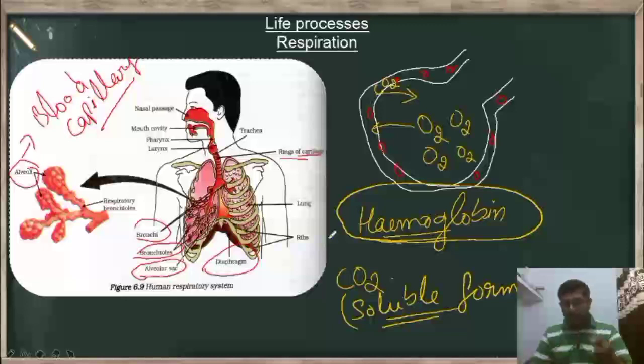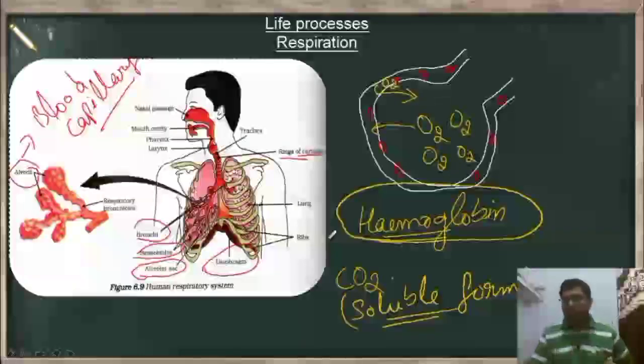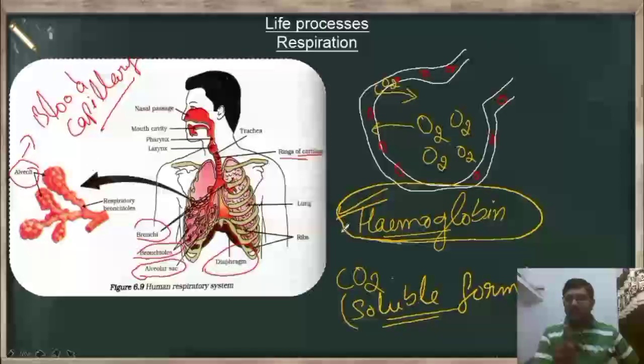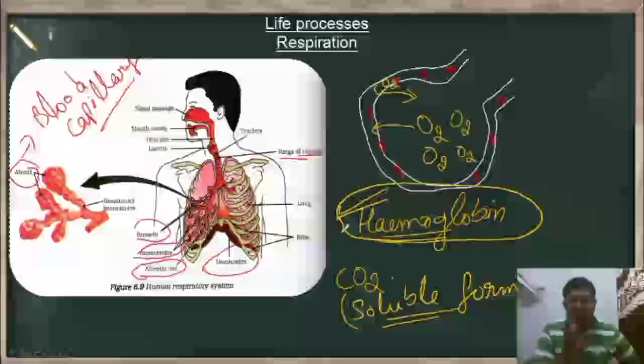But if this happens, we will not survive, and this problem is solved by the pigment called hemoglobin. This hemoglobin makes the transportation faster and easier. Clear? So this is about respiration in the human body.